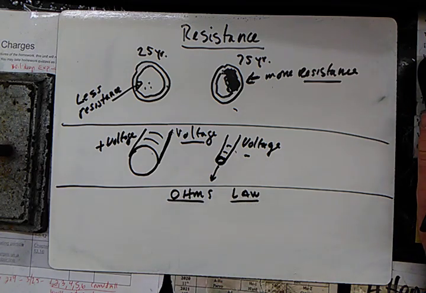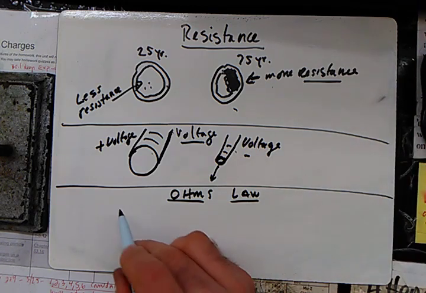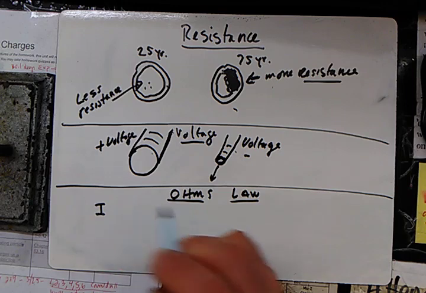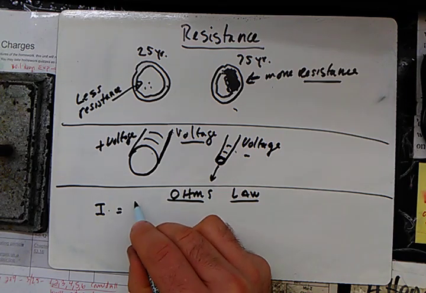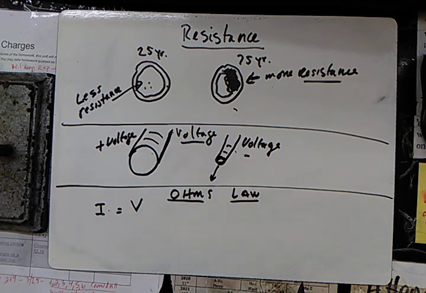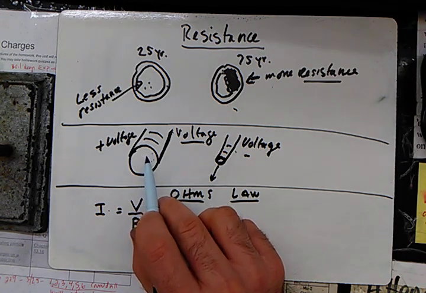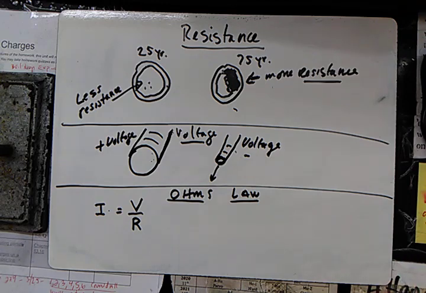Okay, so that's named after somebody that came up with this law. But he said that the current, that's current, is equivalent to the voltage. So we do have a connection here. We can get more current through a higher voltage. Divide that by our resistance, because in this voltage there is a resistance depending on the type of material that you're going to use.